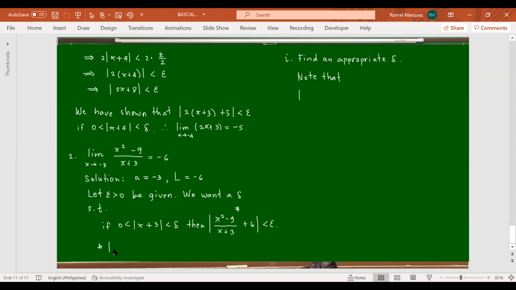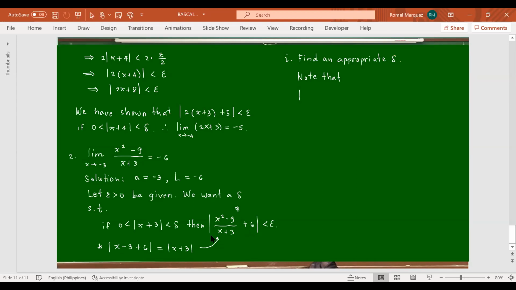So I can cancel x plus 3. What is left? X minus 3. Am I right, guys? And I can cancel x plus 3 because remember, x is not negative 3. X is just approaching negative 3. So plus 6, and that is equal to absolute value of x plus 3. Okay, guys?